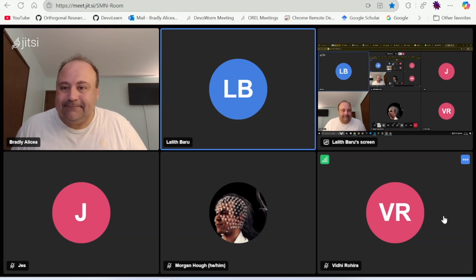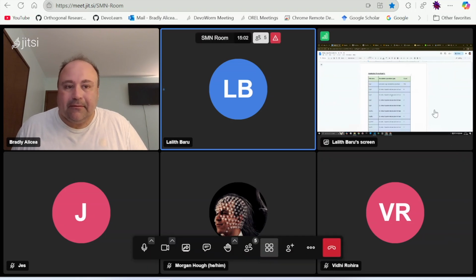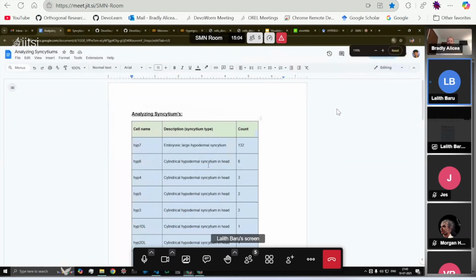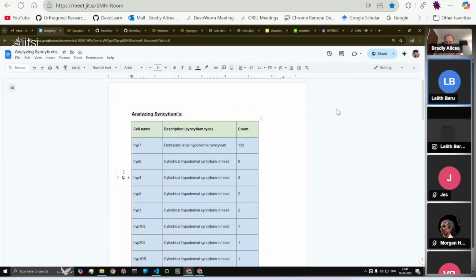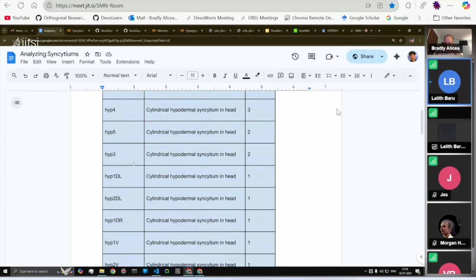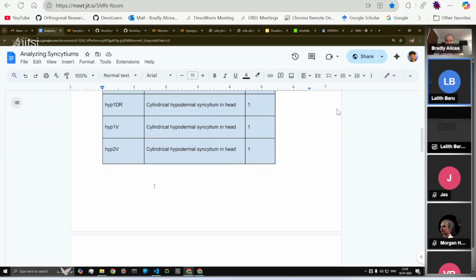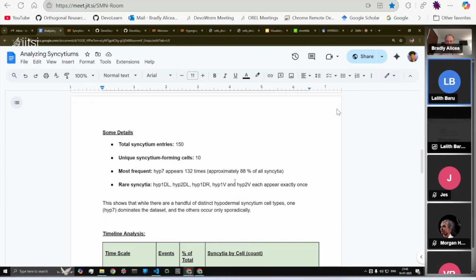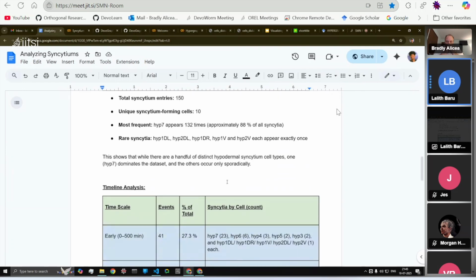Okay. So right now, this is what we previously discussed. We have hypodermic 7, 6, 4, 5, 3, and hypodermic 1 DL, DR, VV. These are what we have found. I did a timeline analysis because Richard suggested it, and I got some insights.